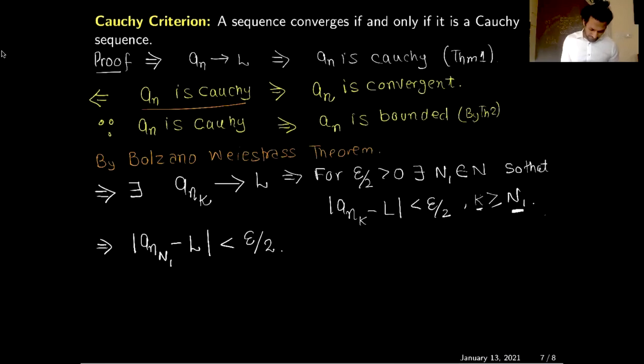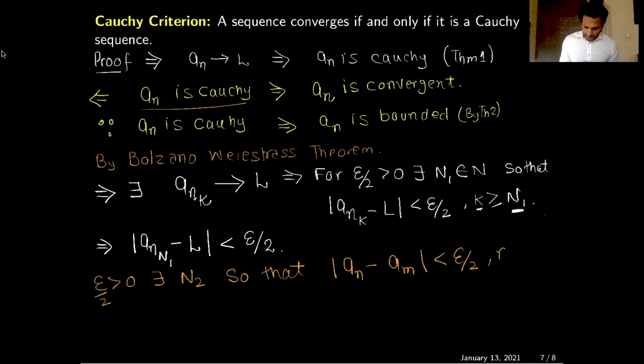By definition, for epsilon positive, there will exist, this time I'm choosing n2, so that the difference |a_n - a_m| is less than epsilon divided by 2, when n, m are both bigger than or equal to n2. So now we have two important inequalities, this one and this one.